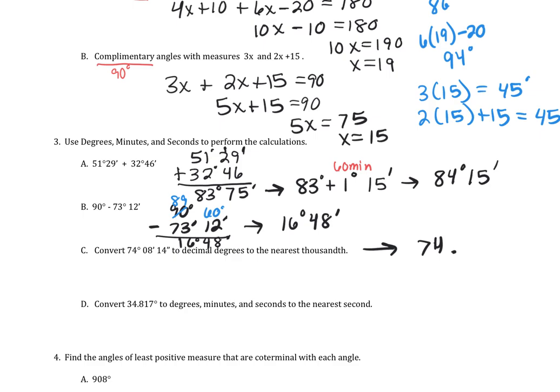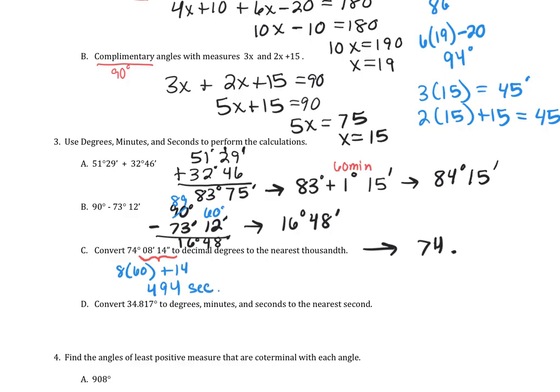What I like to do is convert all of my minutes and seconds into seconds. So we're going to do 8 minutes times 60 seconds, and then add 14 to that. That is equivalent to 494 seconds.